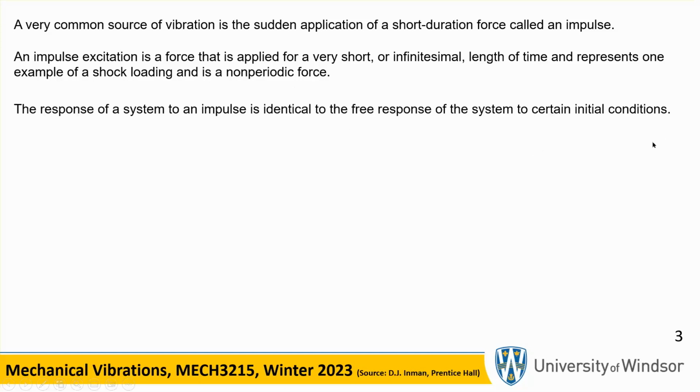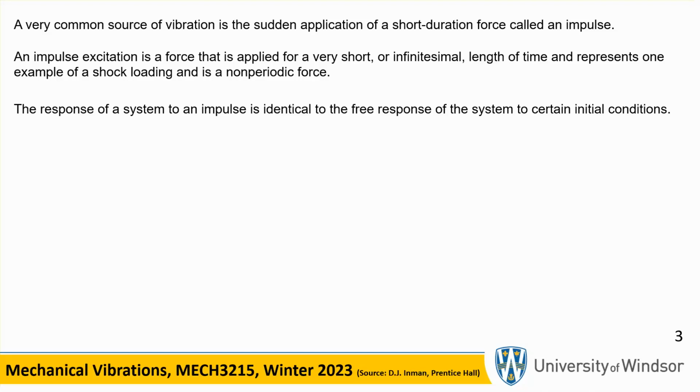Okay. Now, it's ironic, but what happens is that if you apply an extremely short time duration force to the block, well, think about it as hitting a block with a hammer.